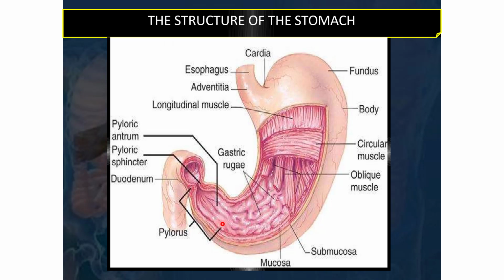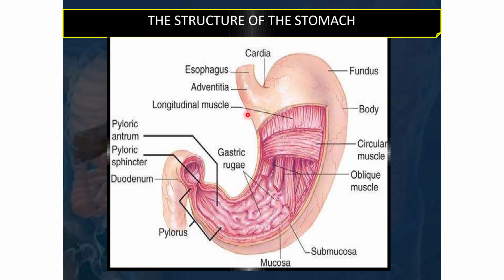That means the stomach is encircled by a sphincter at the cardiac end and also at the pyloric end. The sphincter at the cardiac end is physiological. Here you will not find any circular thickening of the muscle specifically, but because of the angle of the esophagus and some other physiological factors, it acts as a sphincter.